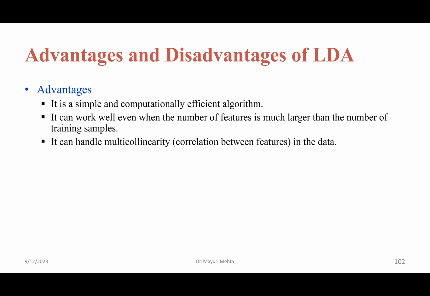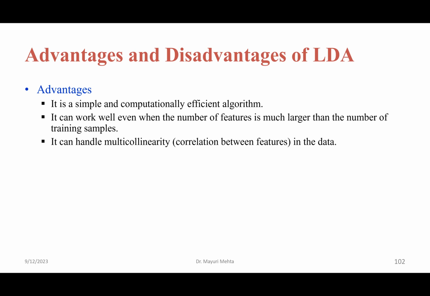That is, the number of training samples, meaning the number of records, may be less in the data set, but the number of variables, the number of features, is high. LDA works well when we have more features compared to the number of records in the data set.